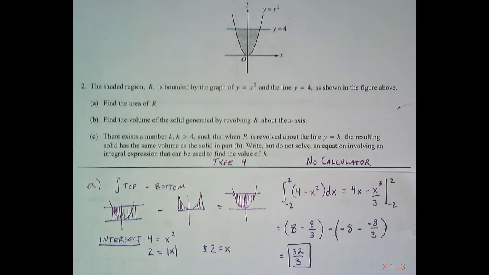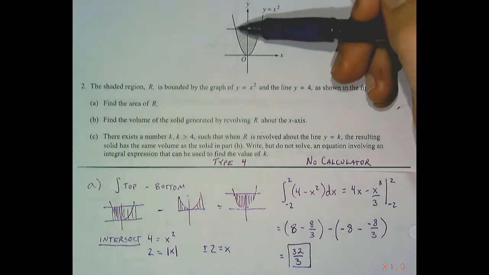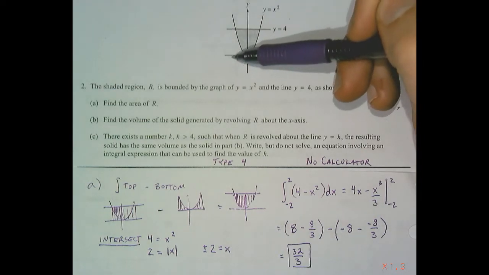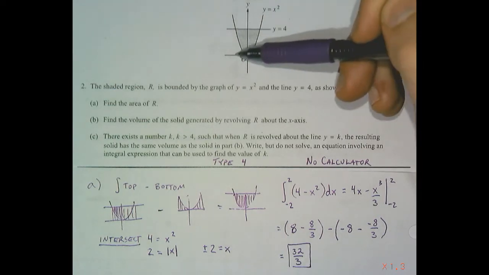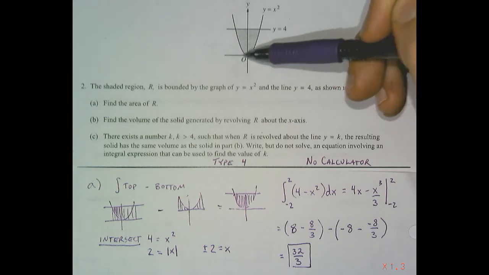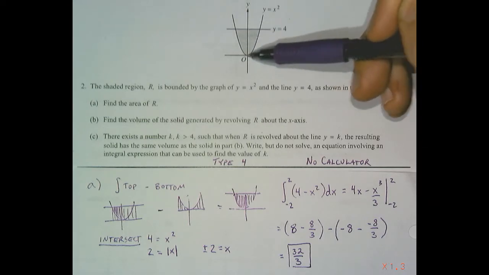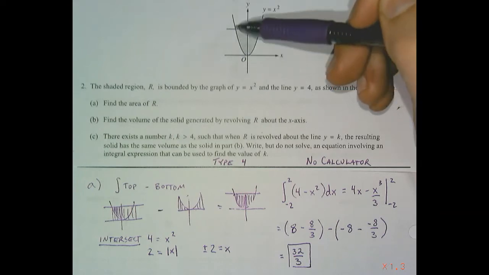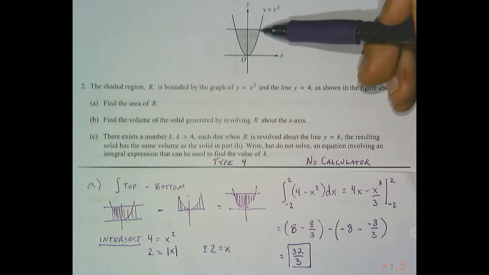If you wanted to do a rough check for accuracy of this, you could say that you have a rectangle that is 4 units tall and 4 units wide. So the total area is going to be something less than 16, because a 4x4 rectangle would be more than enough area.